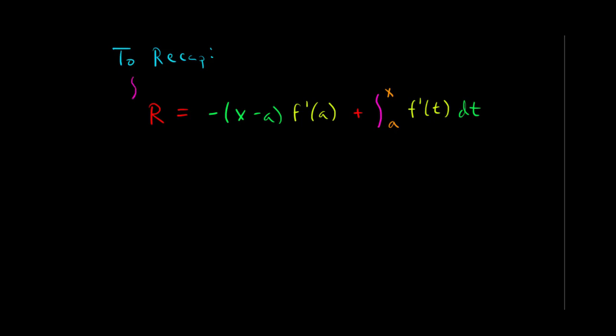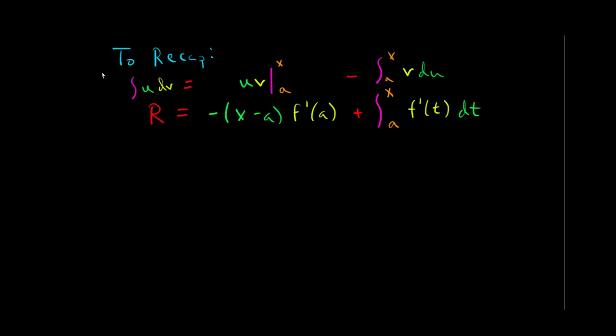And we want to express r as an integral of the form integral u dv, which we know from integration by parts is equal to u times v, evaluated at the boundaries, which here are at x and a, minus the integral from x to a of v du.